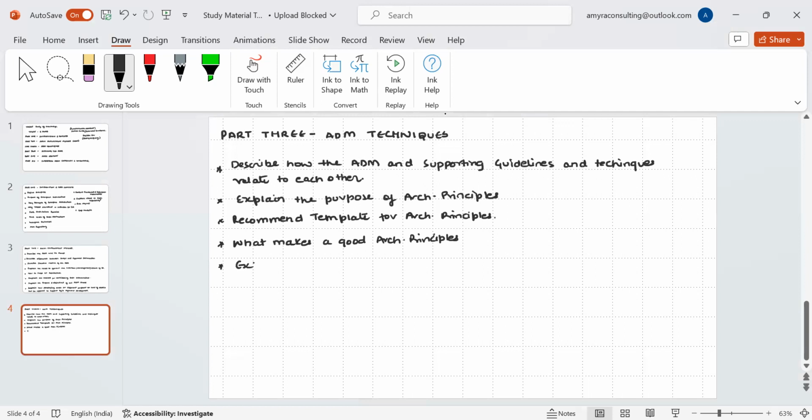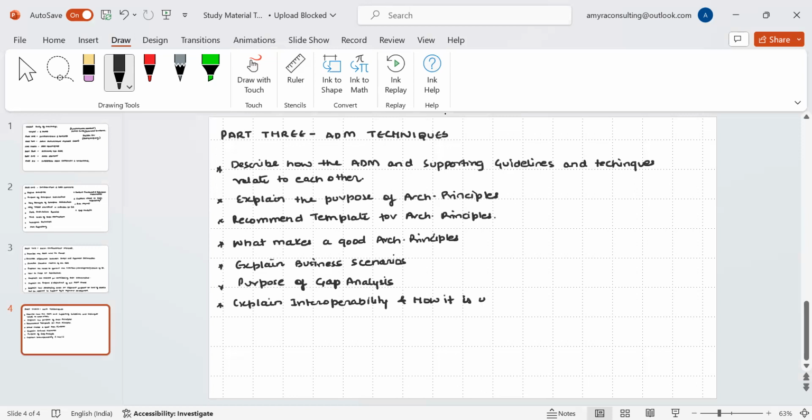Explain business scenarios, the purpose of gap analysis, and explain interoperability and how it is used in ADM.